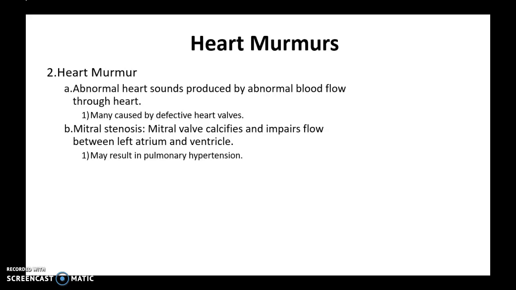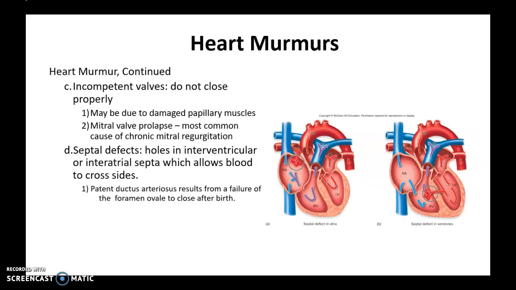Really, really important. You must remember this. And to compensate for the increased pulmonary pressure, the right ventricle grows thicker and stronger. So that's mitral stenosis. I might ask you one question on the exam on mitral stenosis, so make sure you know this. All right.